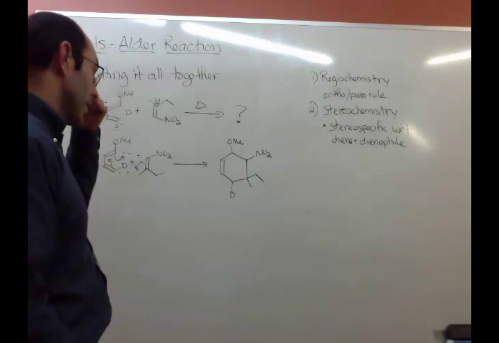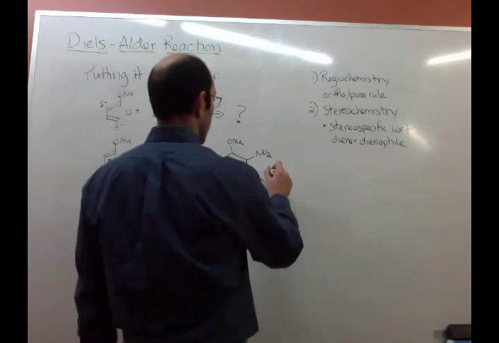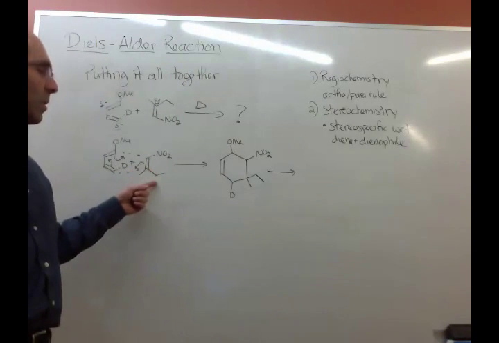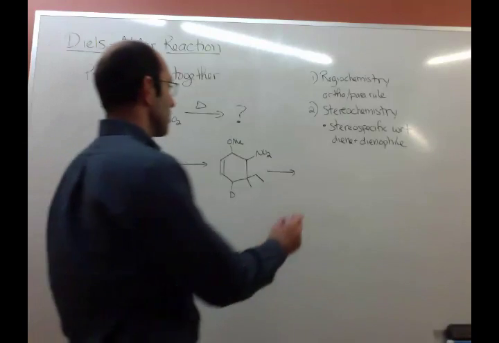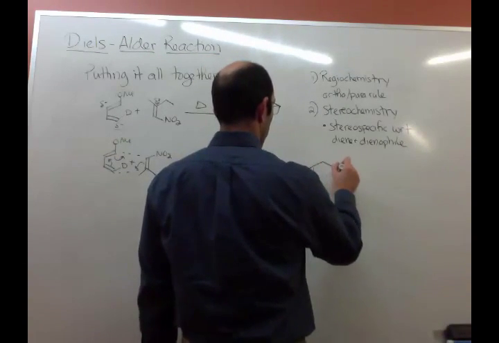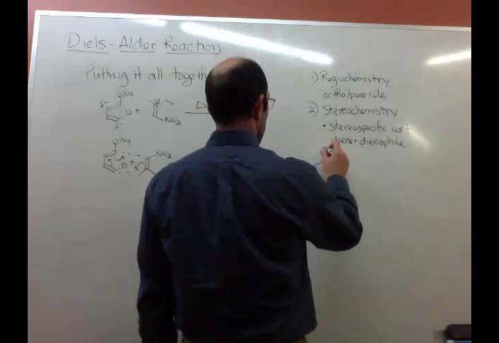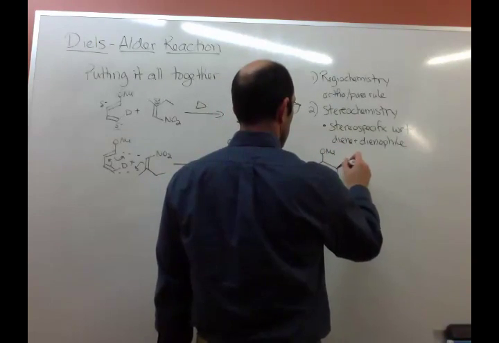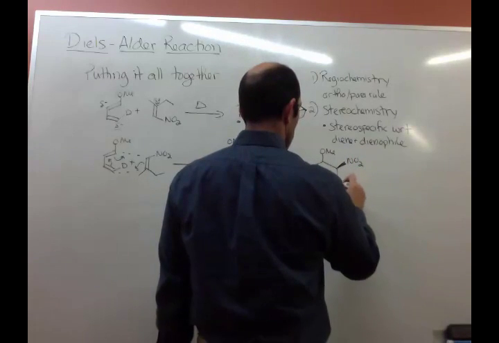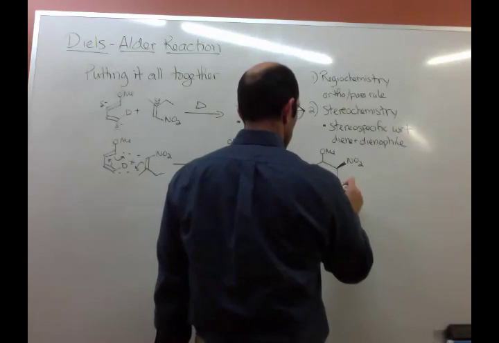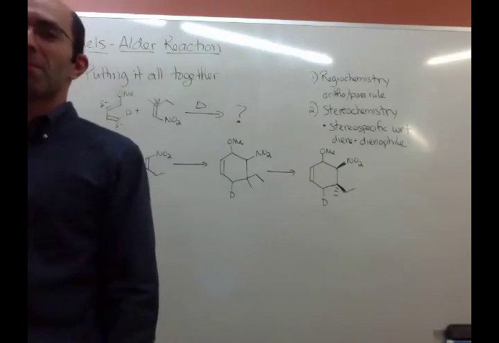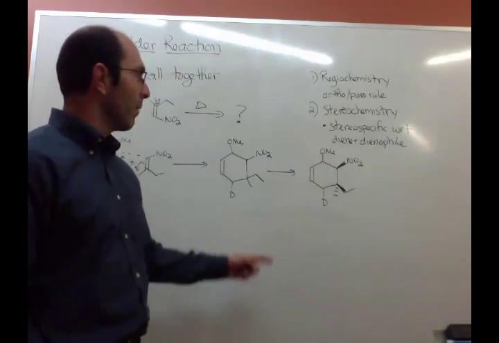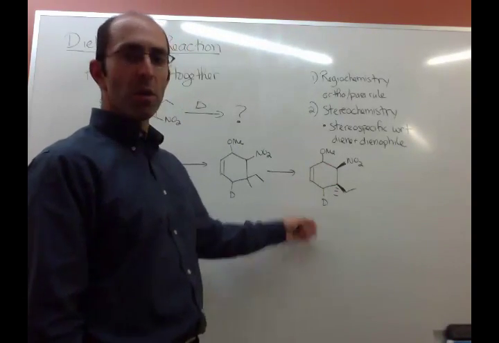And if we do that, if we look at the dienophile, the NO2 and the ethyl group are going to end up cis. So those two groups end up cis. Now we have to figure out what's going on with the methoxy and the deuterium.